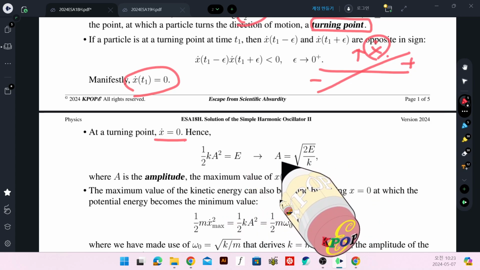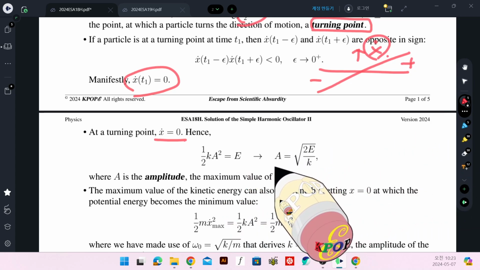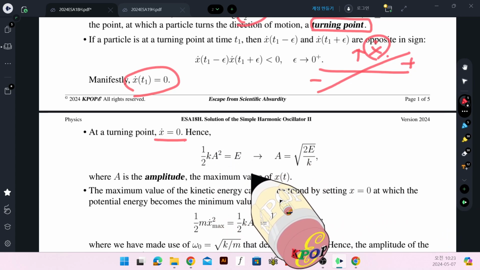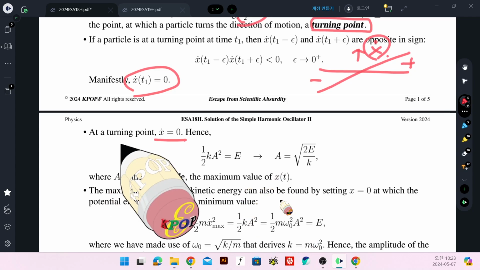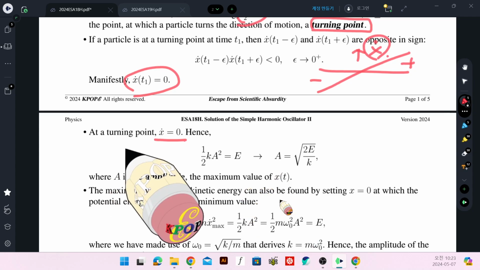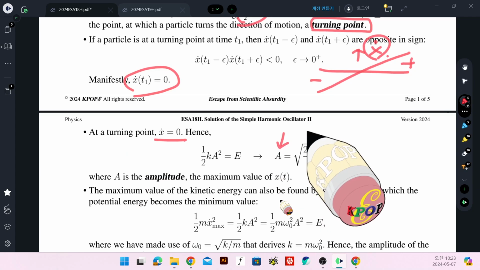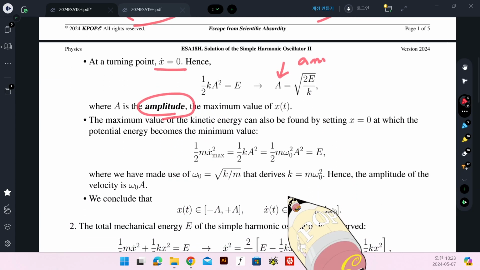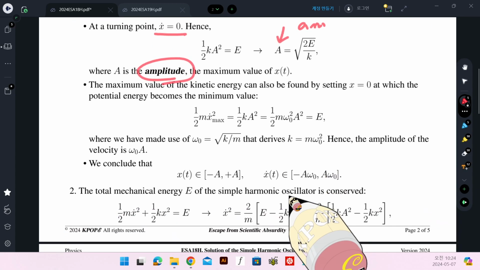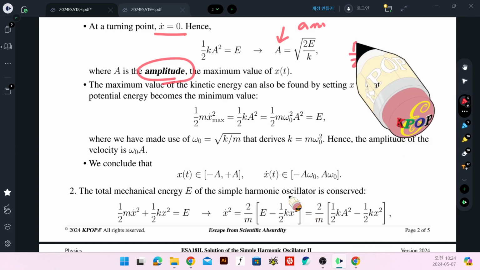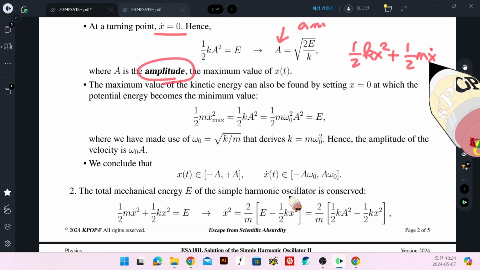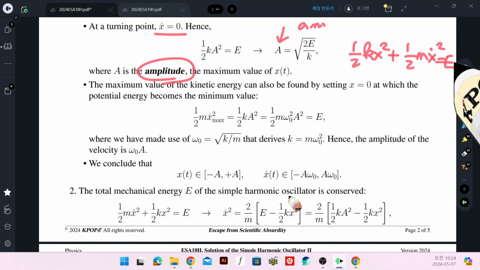We call A the value of the displacement from the equilibrium position at the turning point. Then, this is called amplitude. We recall that the sum of the potential energy and the kinetic energy is a constant of motion.